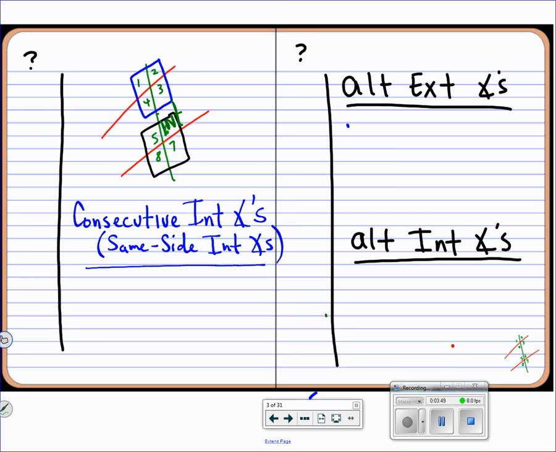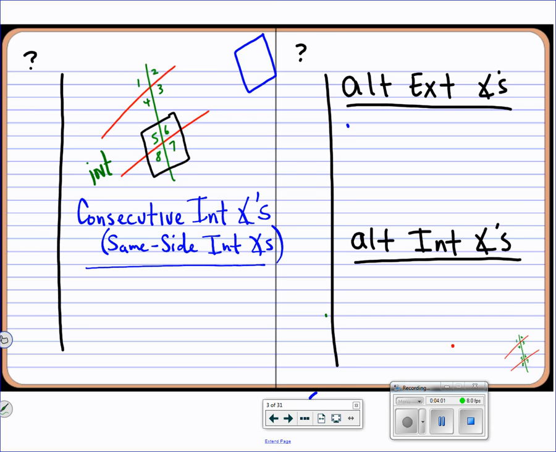So as we name consecutive interior angles, we're drawing from only these angles. Consecutive means that they're one right across from each other, okay? So this is a pair of consecutive angles right here, that one and that one. So angle 4 and angle 5 are a pair of consecutive interior angles.